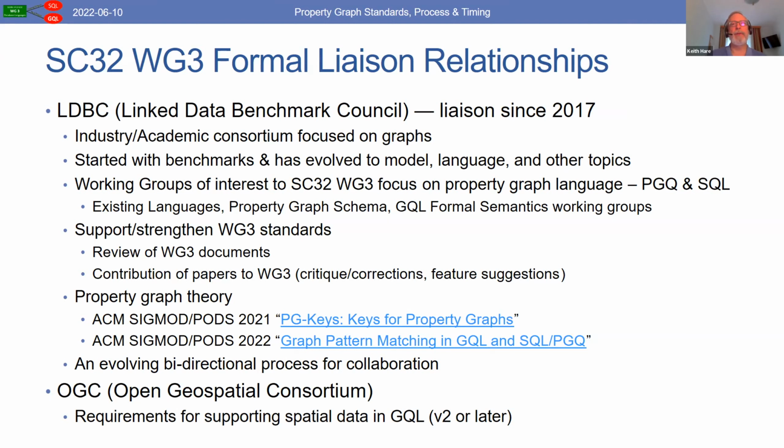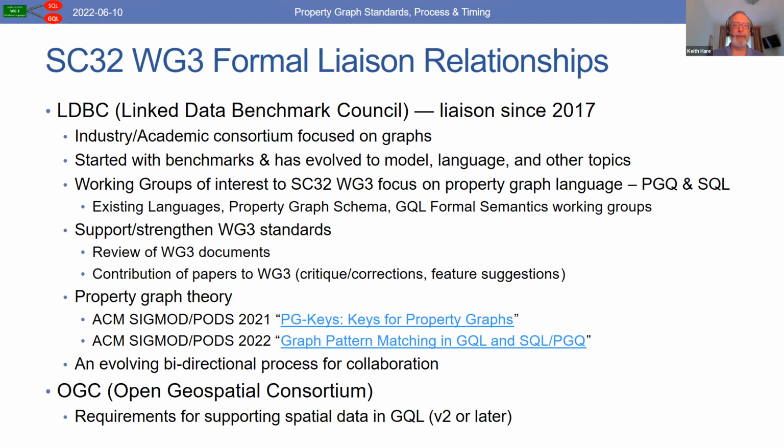And from my point of view, the LDBC relationship is valuable because it gets more eyes looking at things and more thoughts into the process, and generates more academic papers that are useful for explaining the details of what it is we're doing and why.